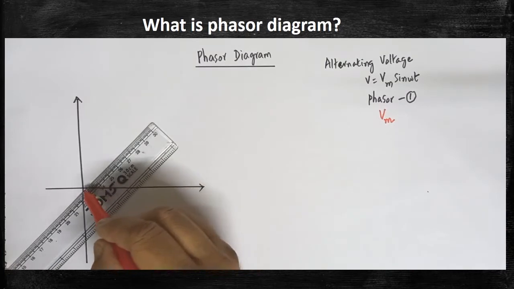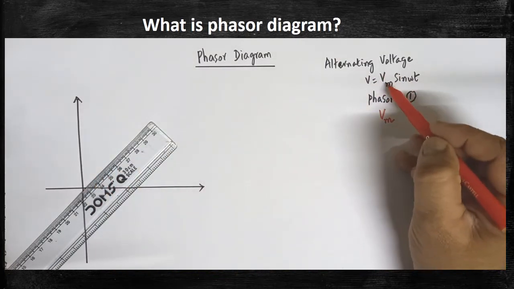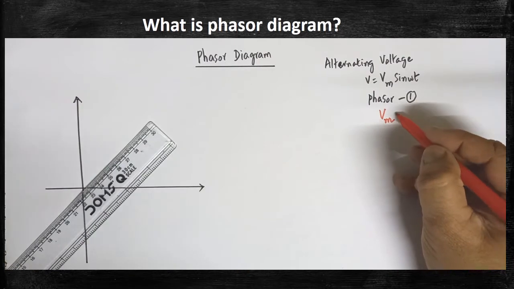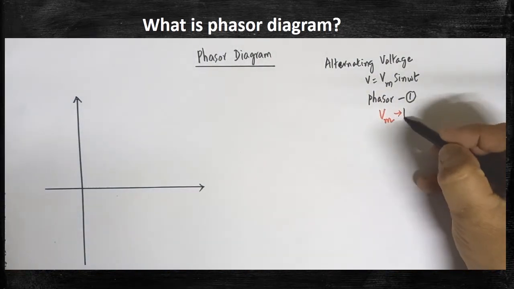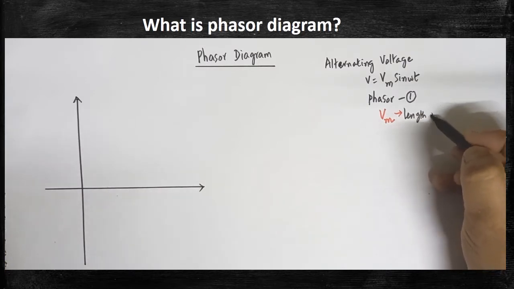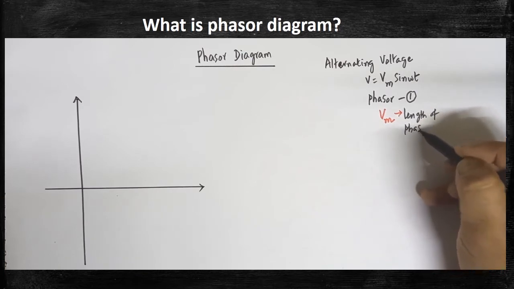To represent this V, which value must be taken? The peak value. The peak value of V must be taken as the length of the line segment. Very, very important. Vm is nothing but the length of the phasor, the length of the line segment.